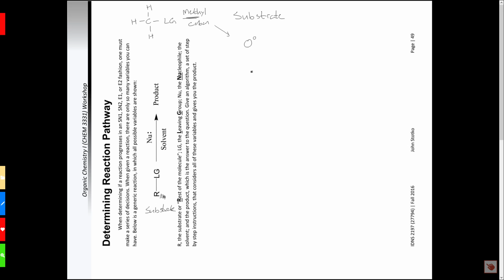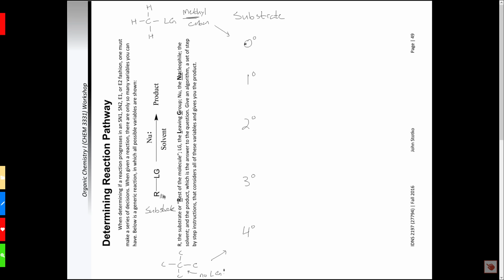Why isn't that a 0? So it can be methyl, primary, secondary, or tertiary, and technically a quaternary carbon exists, but a carbon that's connected to 4 other carbons does not have any room for a leaving group. So no leaving group, exclamation point.